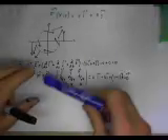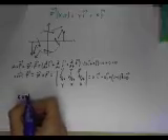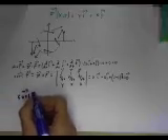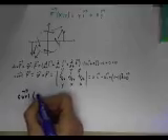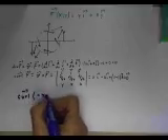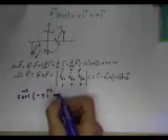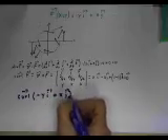So let's ask, what's the curl of the function, let's say negative y i plus x j.